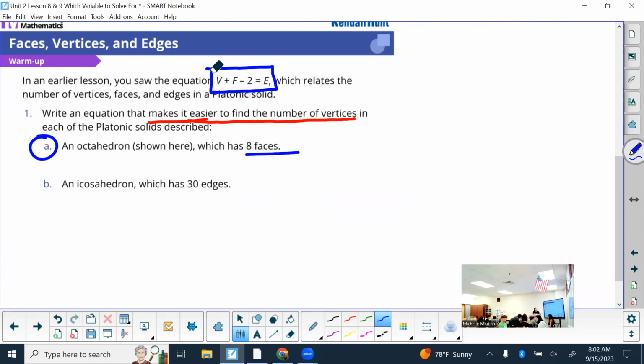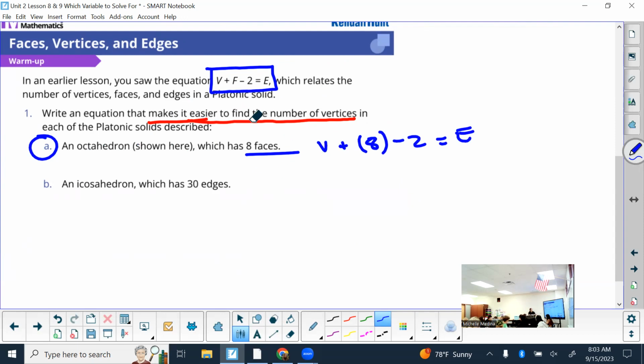Where in this equation would I put the 8? In the F, right? So let's see, I have V plus 8. Usually, anytime you plug stuff in, use parentheses. I know it doesn't always make a difference, but it's good to have it. So I plugged in the 8.